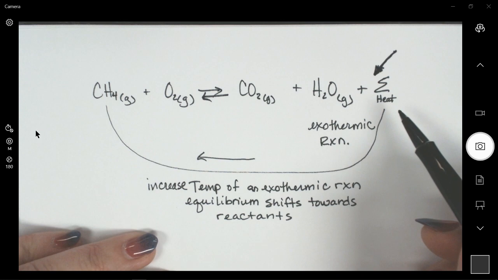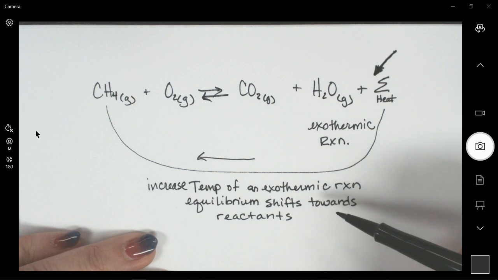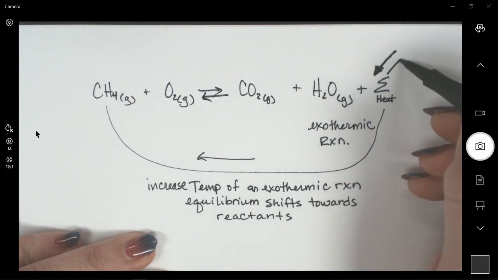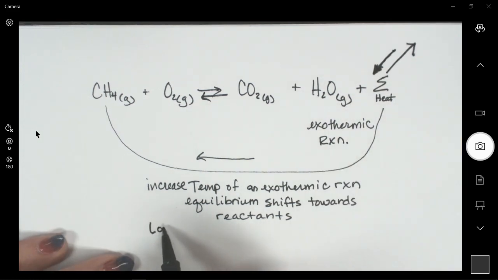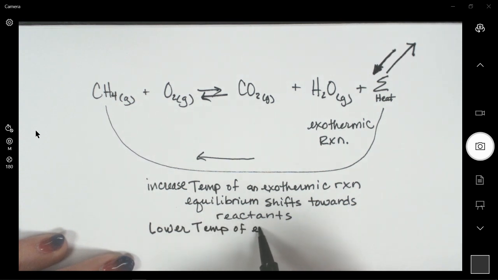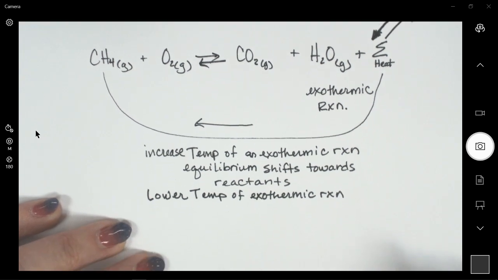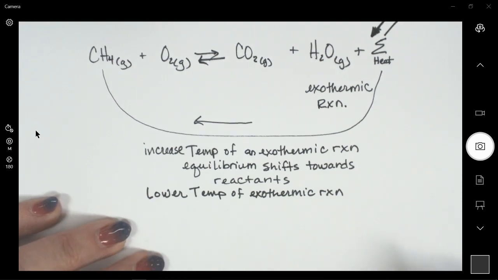So what if we lower the temperature of an exothermic reaction? That's the same as removing heat. Which way does the equilibrium shift? Anyone know, or anyone have any idea?